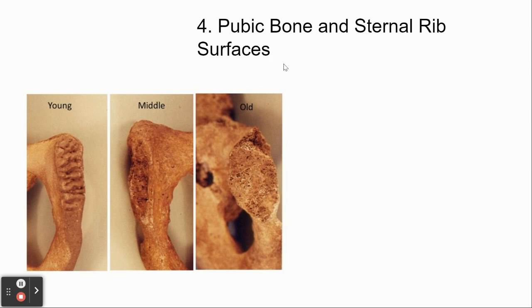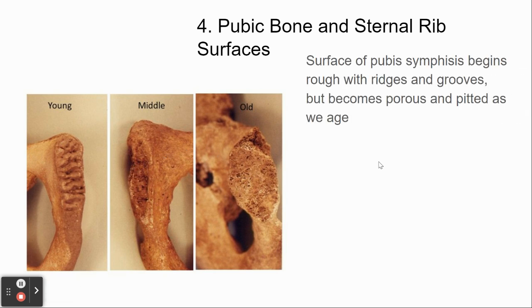Now, looking at certain features of the skeleton to figure out different characteristics, you can see here how the skeleton changes as we age. When we're very young, things are in very good shape. As we age, they tend to degrade just a little bit.